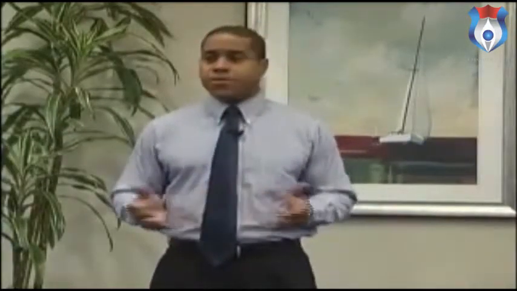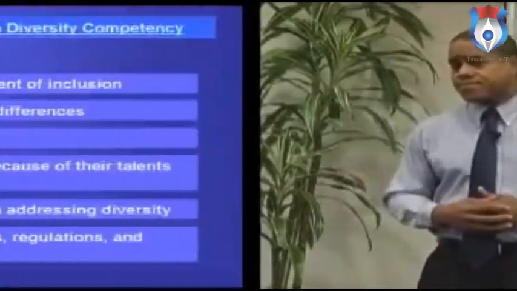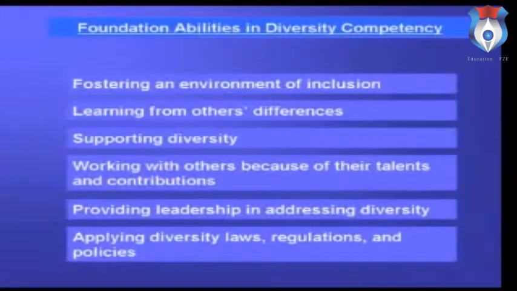Foundation abilities in diversity competency: fostering an environment of inclusion, learning from others' differences, supporting diversity, working with others because of their talents and contributions, providing leadership in addressing diversity, and applying diversity laws, regulations, and policies.